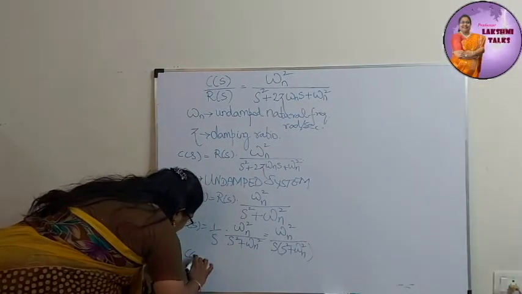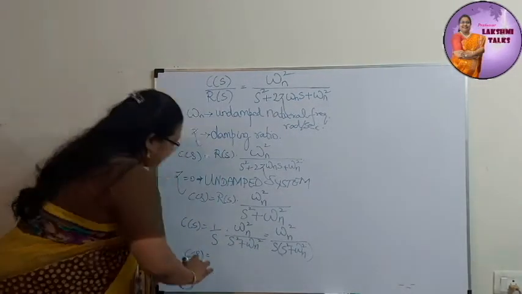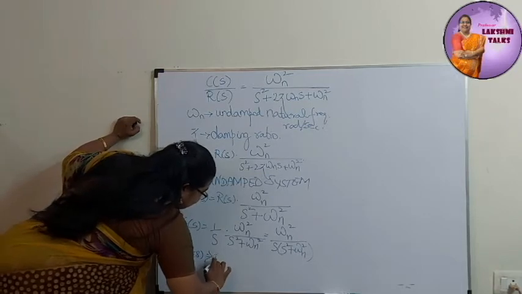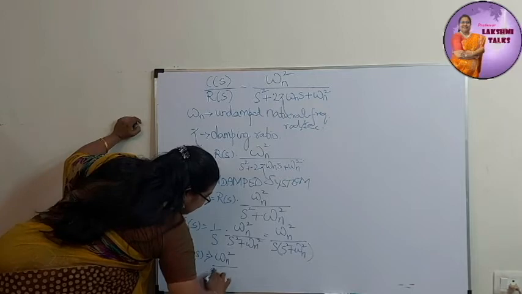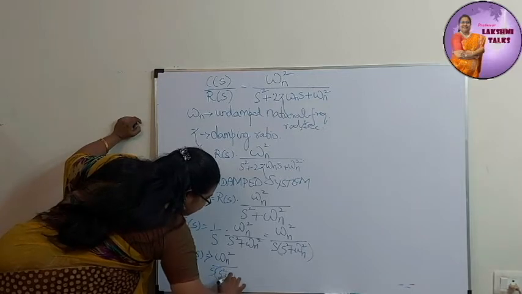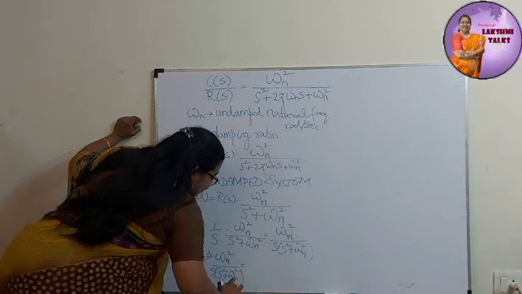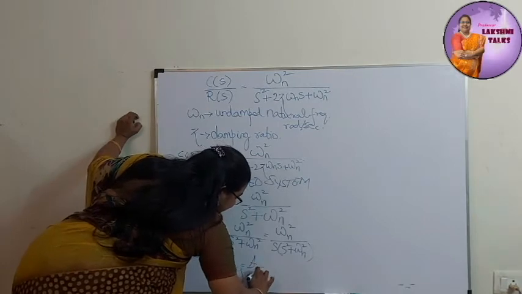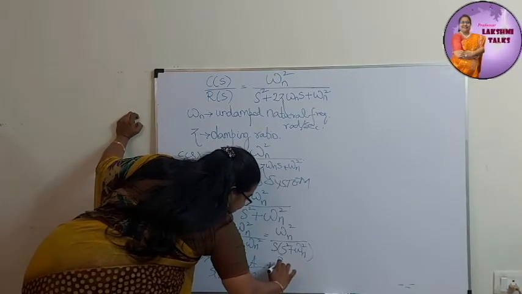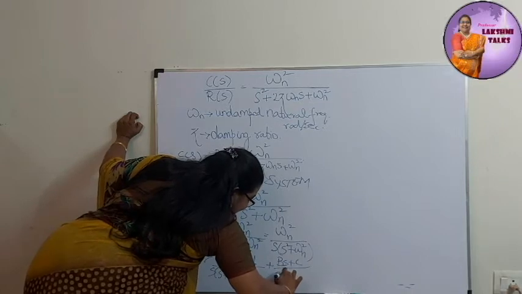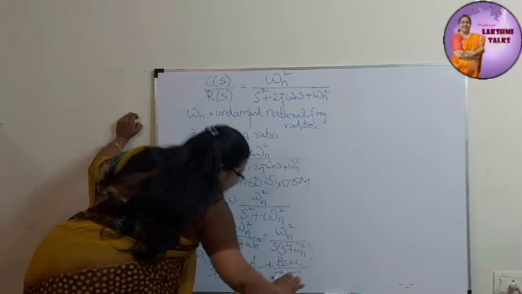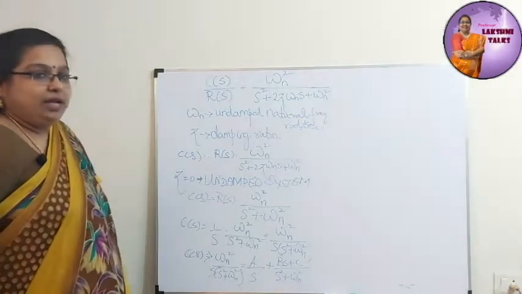So C of s is equal to omega n square by s into s square plus omega n square is equal to A by s plus B s plus C divided by s square plus omega n square. Right.